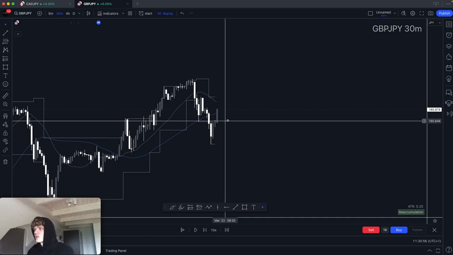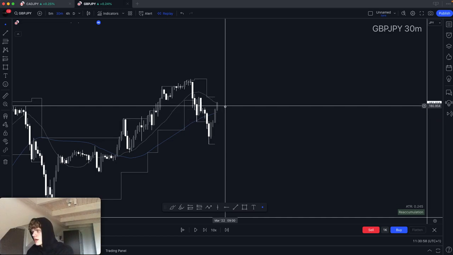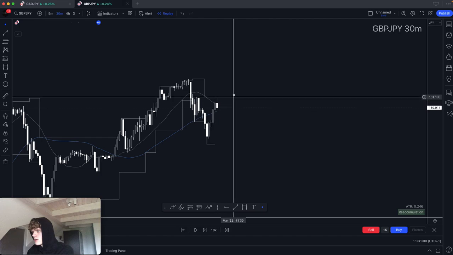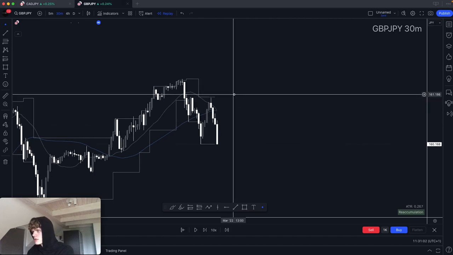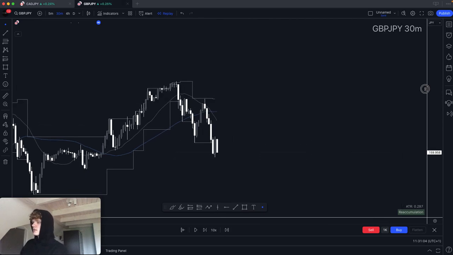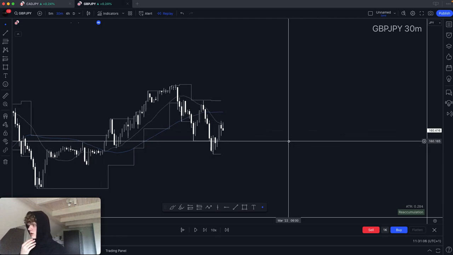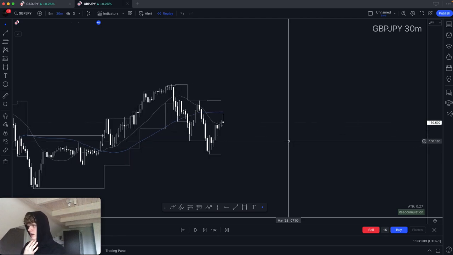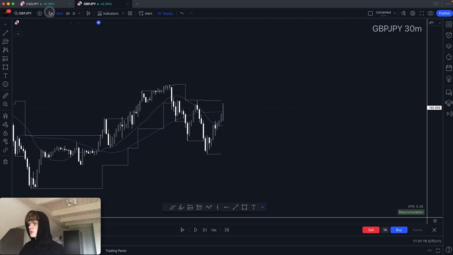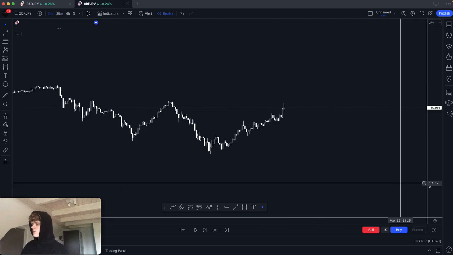So I don't want to watch this demand zone. I want to wait for the 20 leveling out and starting to point towards the upside. If this is not doing it, then I'm not following price. So the 20 is leveling out, the 50 is leveling out as well, or basically going sideways. And at this point, I want to watch the 5-minute again.